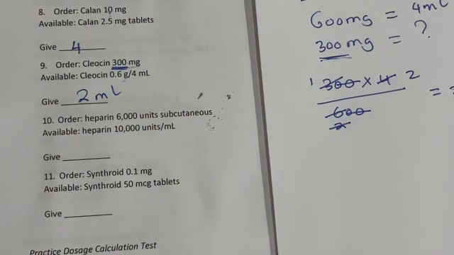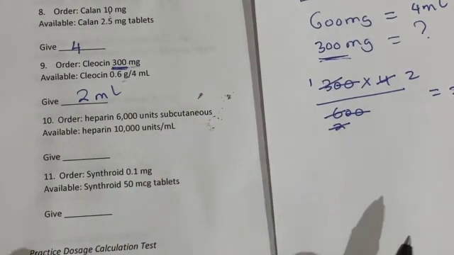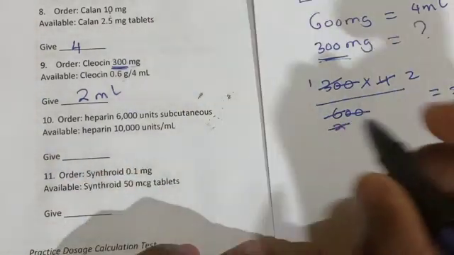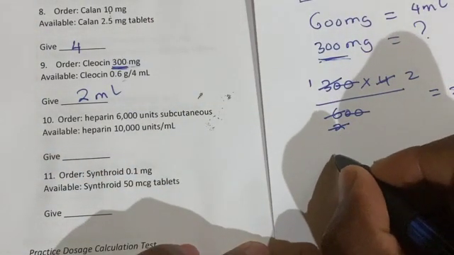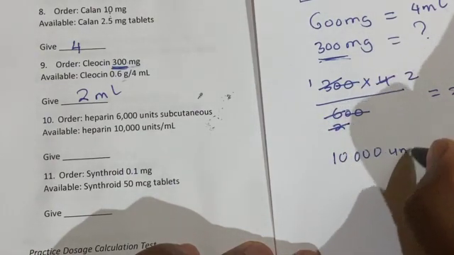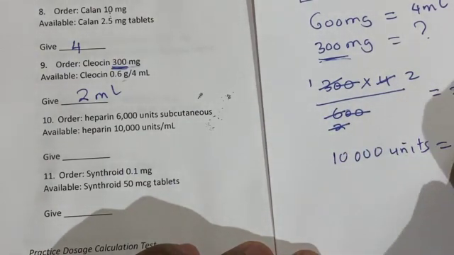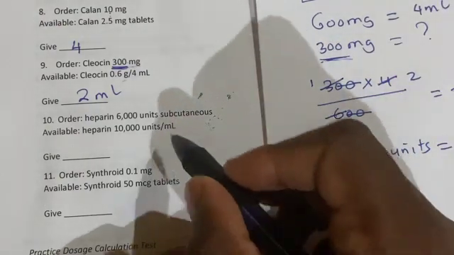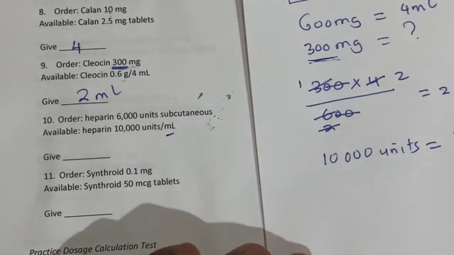So how many ml are we supposed to give? So what it says is 10,000 units is the same as 1 ml. See, it's in per ml.